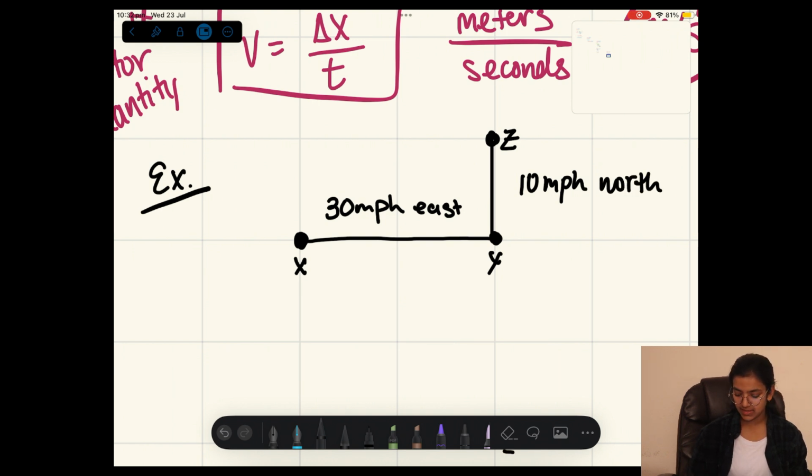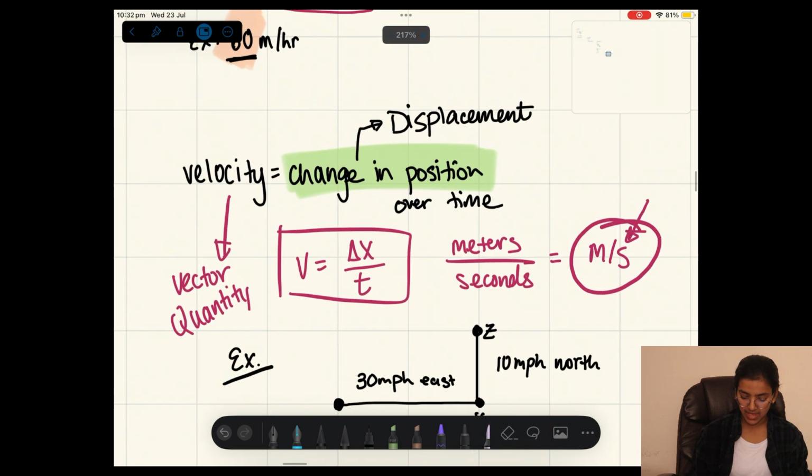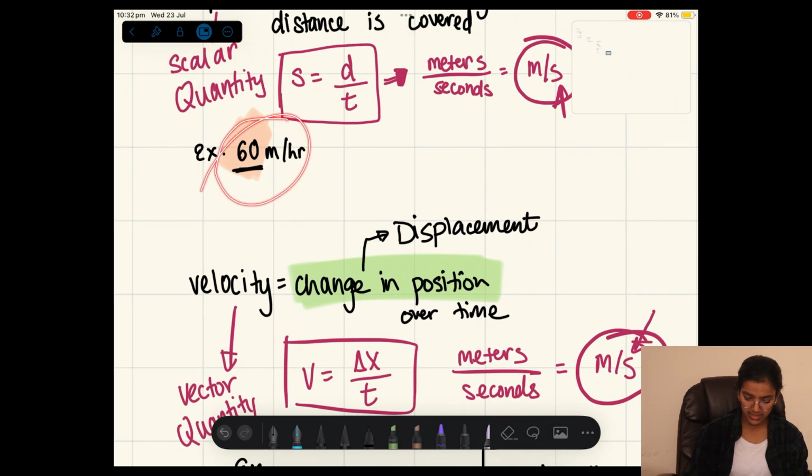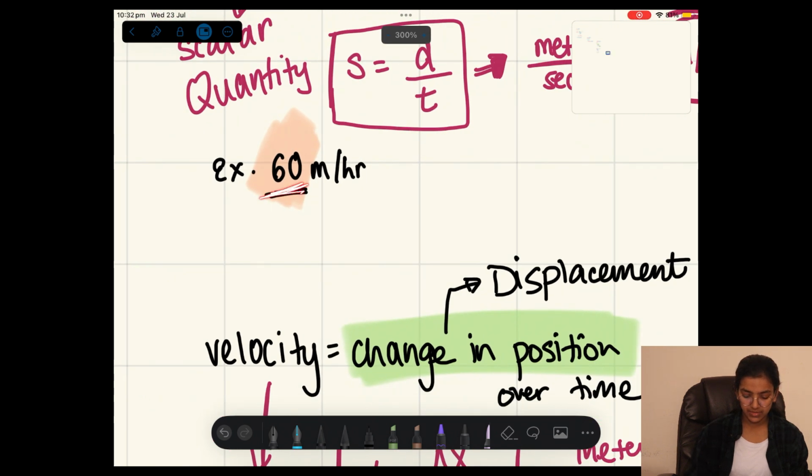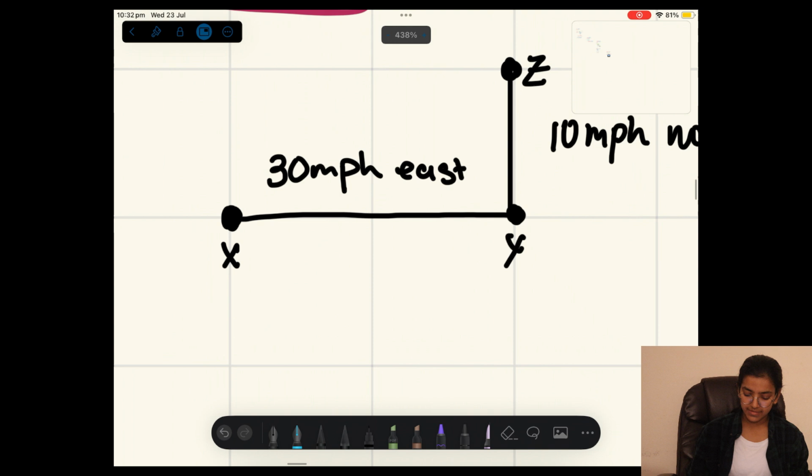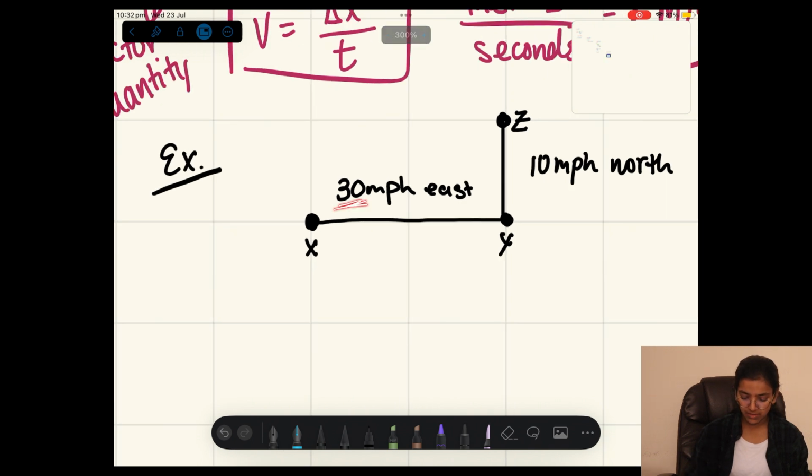Okay, and the difference I hope you can see between this and what we saw over here is that over here we only had the magnitude, we only have the numerical value, right? But if we look over here, we have this numerical value plus the direction, okay? And if we ignore this, and we just look at the magnitude, then this is the speed, okay?